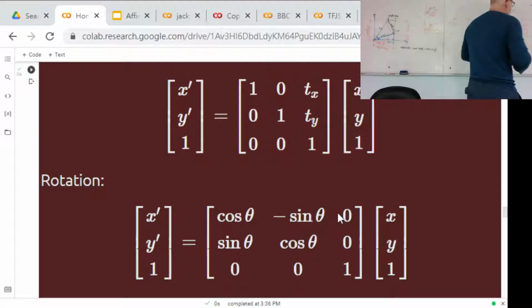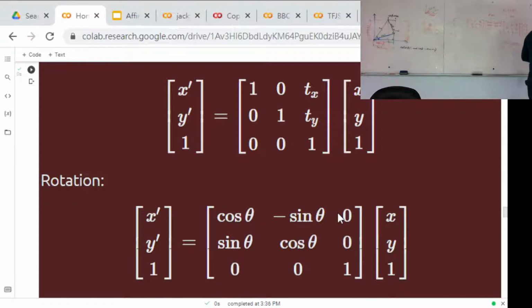How would I represent a point that's infinitely far away? Well, if k is 0, then 4 divided by 0, 5 divided by 0 would still be the same point, but it would be that point infinitely far away.